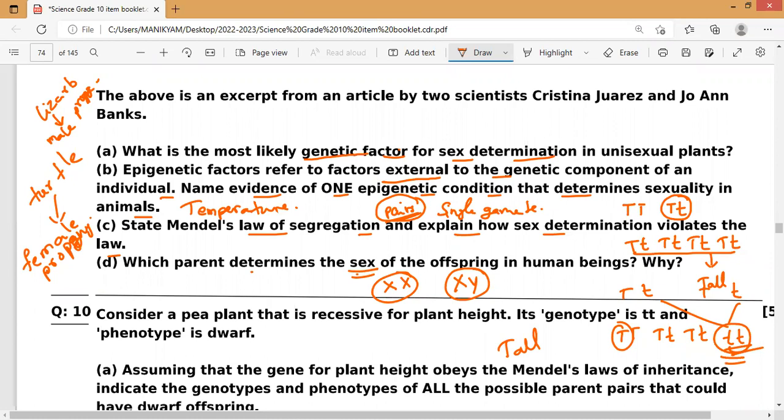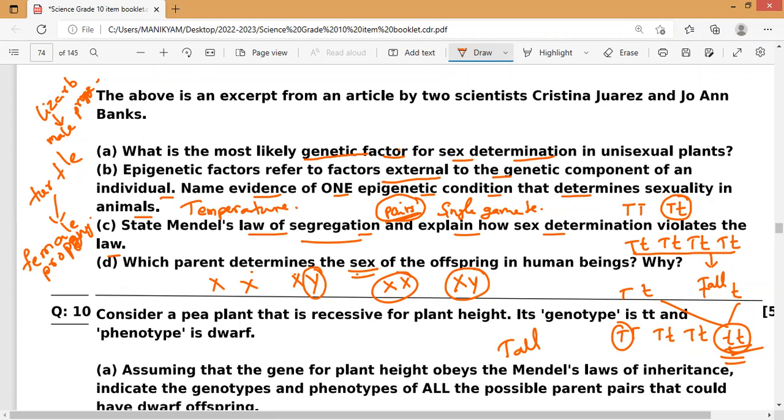That is what we call the monohybrid ratio, Mendel's law of segregation. But if it comes to sex determination, we cannot decide by one chromosome of the male parent or female parent. Why? In females we have only XX chromosomes, in males we have XY chromosomes. So there is no Y chromosome present in the female body.